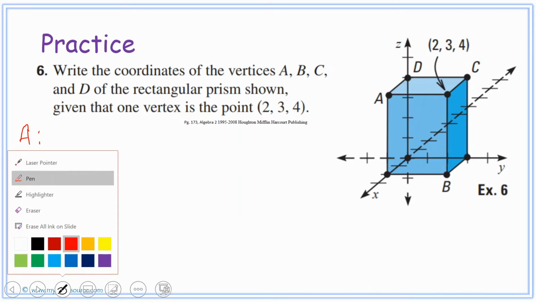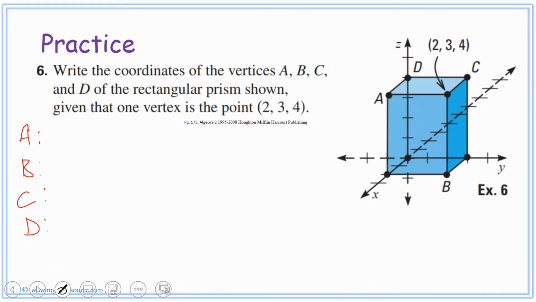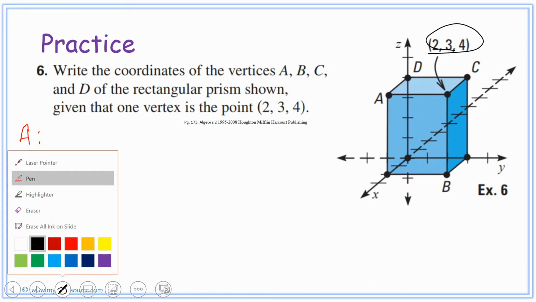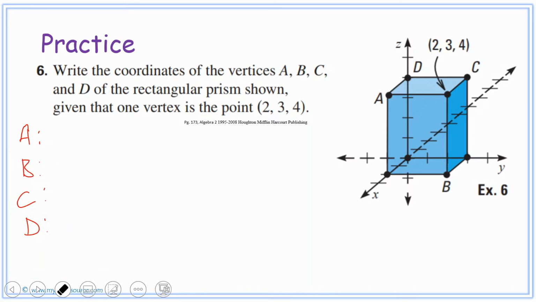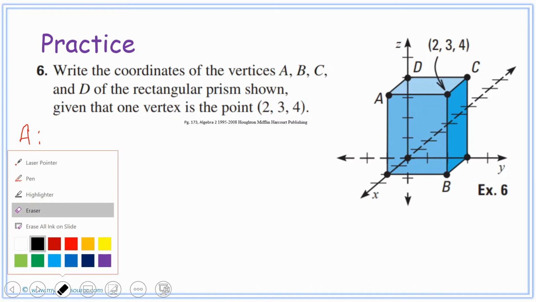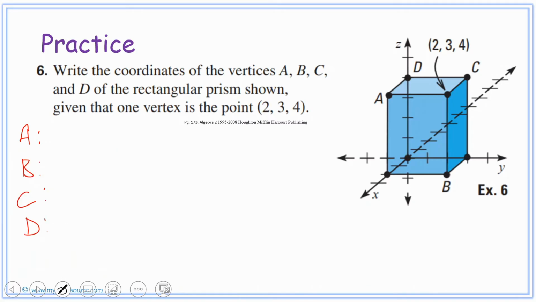And let's start off with what we know. If we look at what we know, we see this point here that's given, right? (2, 3, 4). And we're going to use that just like we would any other point to figure out what the other values that have been indicated are. To do that, we see that this point, which is given, and the point C are in line in the vertical distance, right?